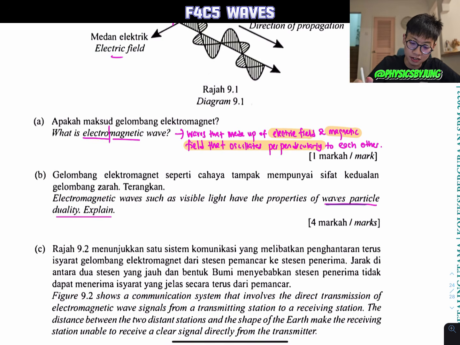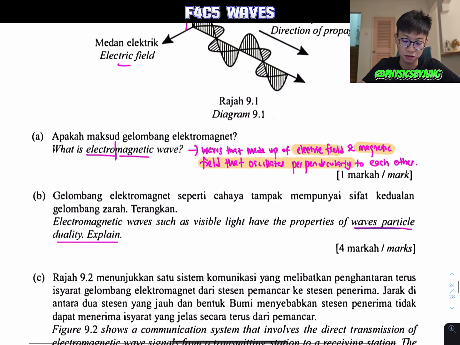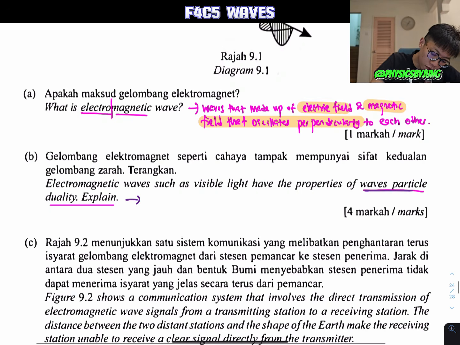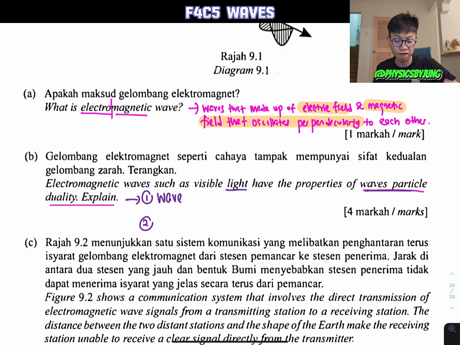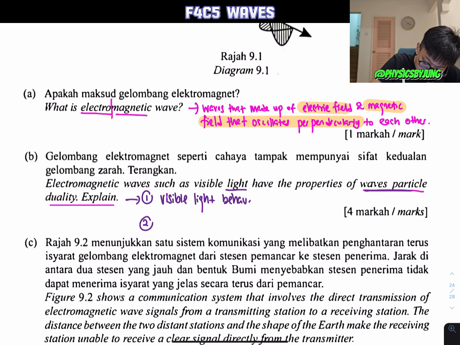Wave particle duality. How are we gonna answer this wave particle duality question? So first of all, we study the first and second mark first. Why can light have wave particle duality? Because your light, we can say your visible light, behaves like a wave. Because what can it do?